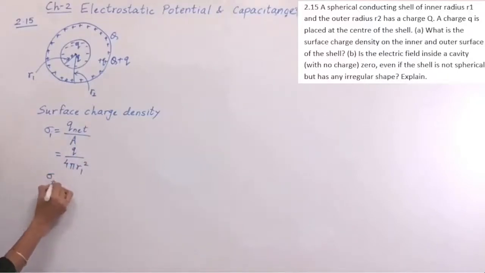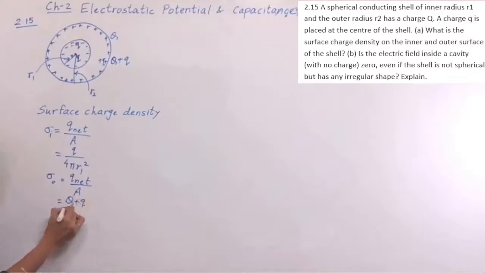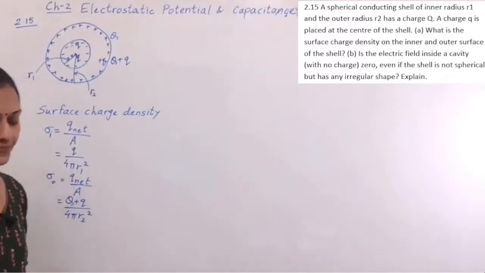And sigma on the outer surface, the total charge is Q plus q, upon 4 pi R2 squared. So these are the two surface charge densities on the inner and outer surfaces of this given arrangement.